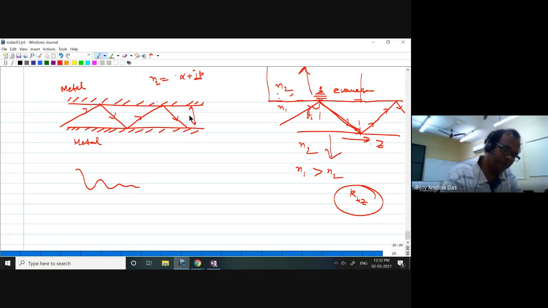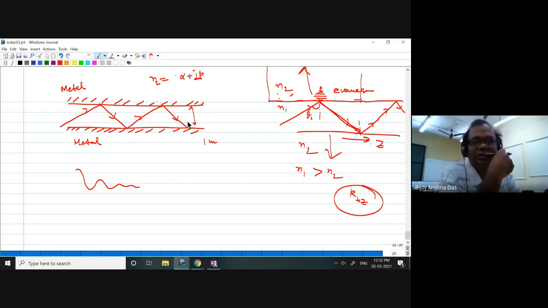And suppose you want to guide the microwave up to 1 meter or so. Typically the length is in the order of meters. So if you transmit for several meters, and your wavelength is in the millimeter or centimeter order, you can count how many reflections are taking place.